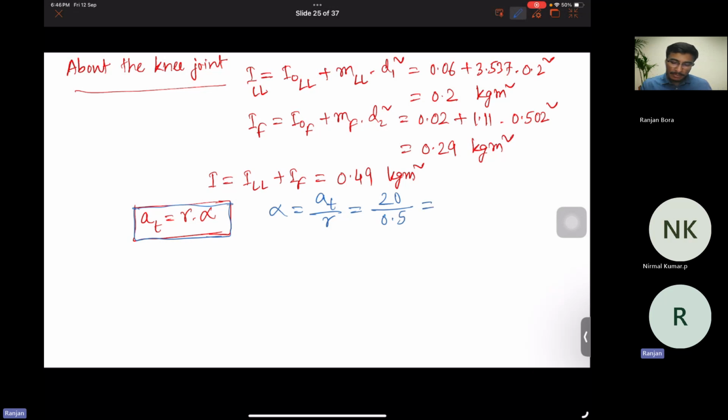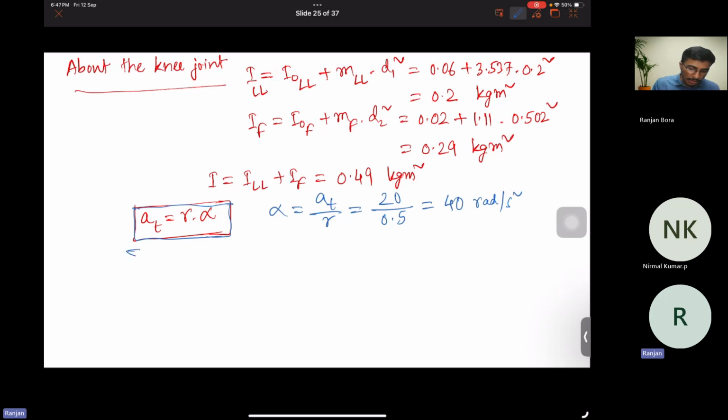So it will be 40 radian per second square. So we have got alpha.